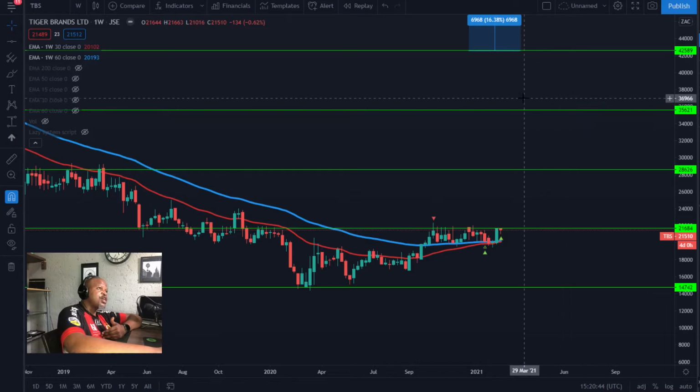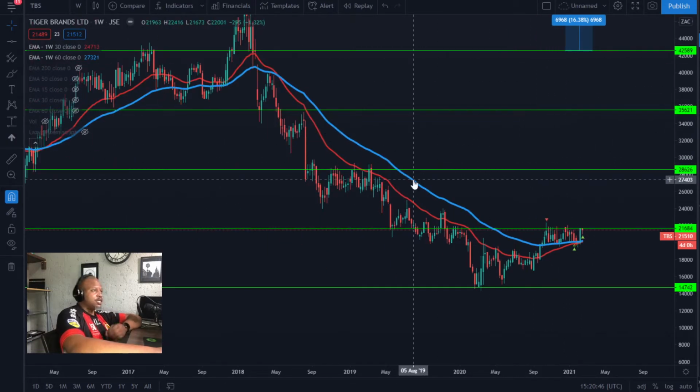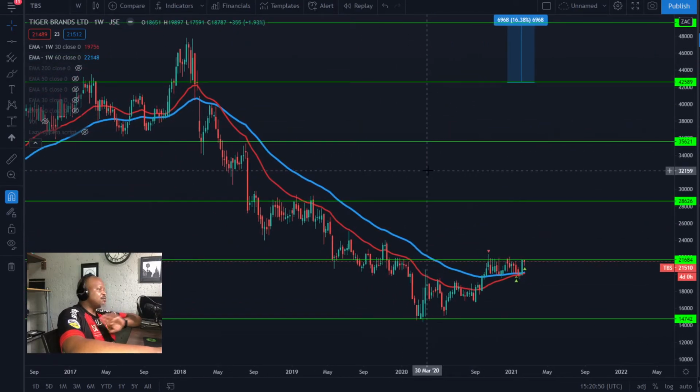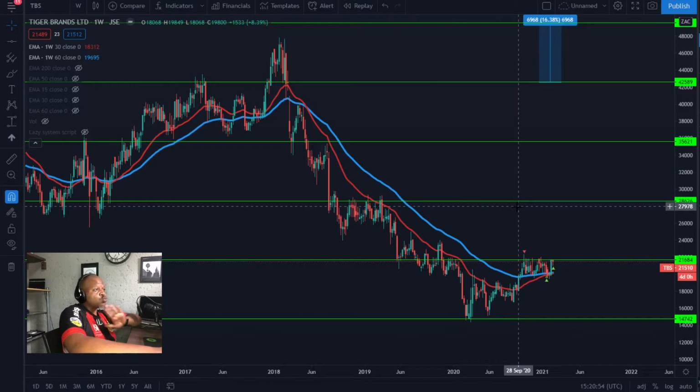But if it keeps breaking into higher boxes, I'll keep adding into my position and trailing my stop behind me. So it doesn't break any of my current rules. It fits well with the way that I'm trading, and that's what I want. Whenever I find something that alters my trading system, I don't want it to break any of the current rules, because that introduces ill discipline into the trading process.